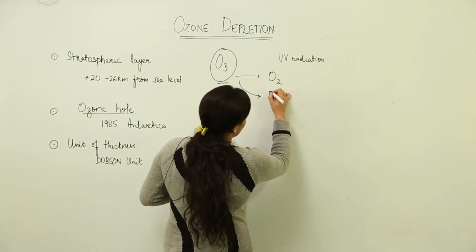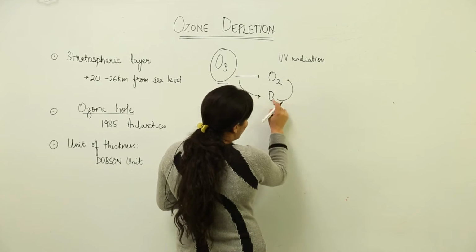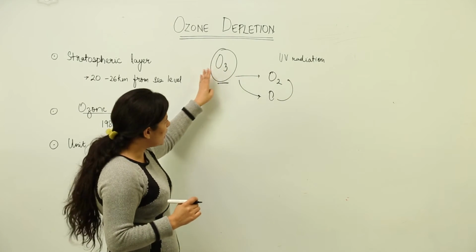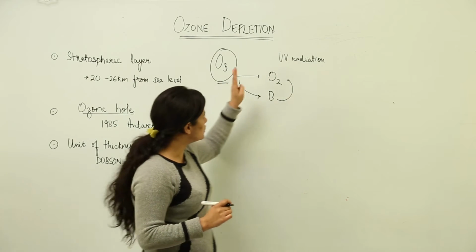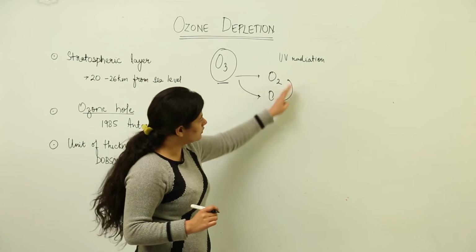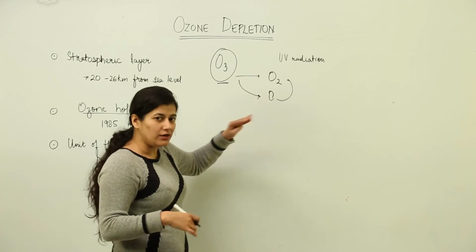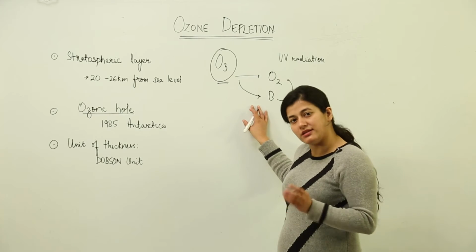The ozone is later recovered, as nascent oxygen binds with O2 and forms O3. So there is a reversible reaction: O3 is broken down and regenerated. This process is taking place in the atmosphere.